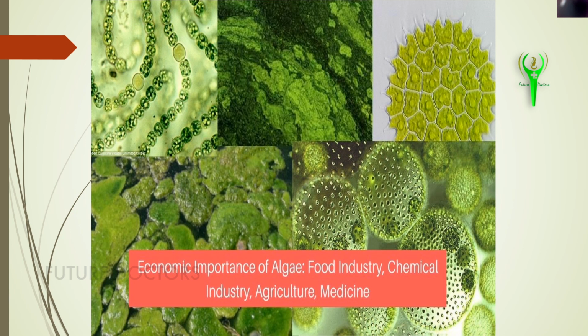Some protein-rich algae like Chlorella and Spirulina are used as food supplements by sailors and space travelers. About 70% of species of marine algae are used as food. Example, Porphyra, Laminaria and Sargassum.